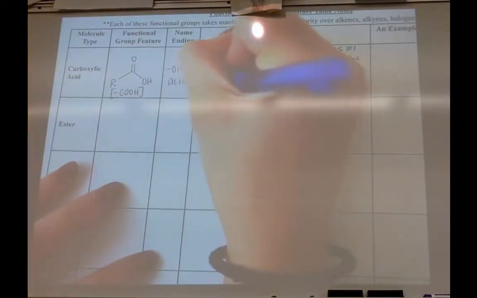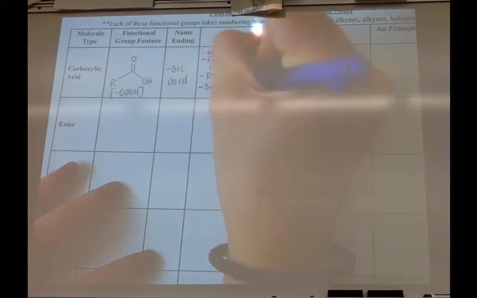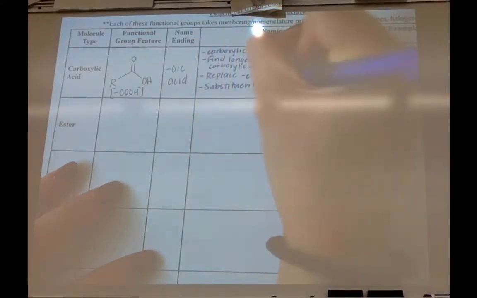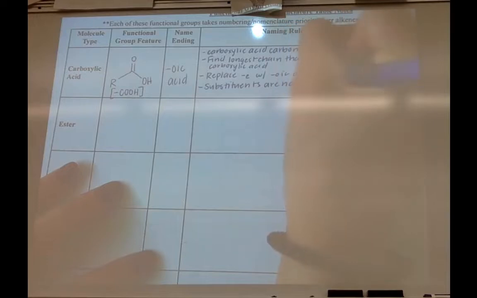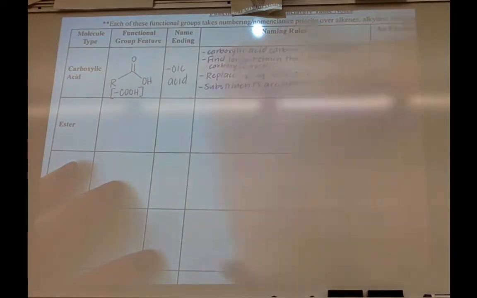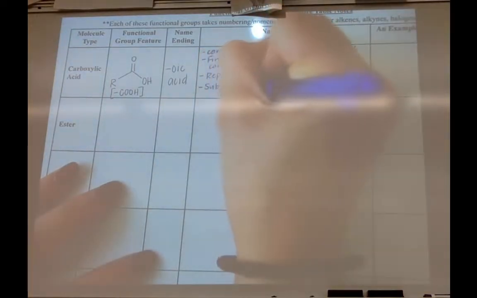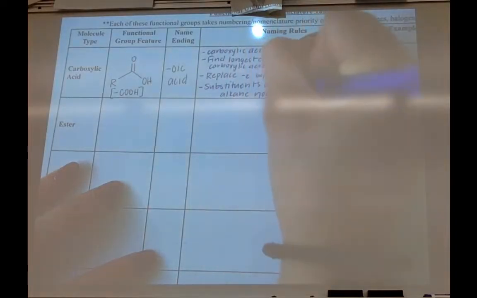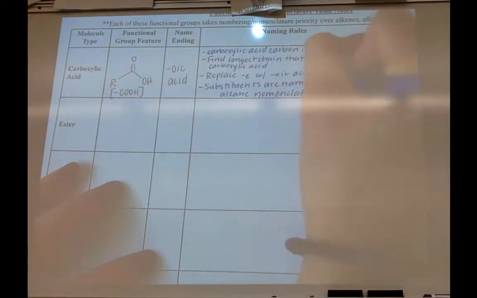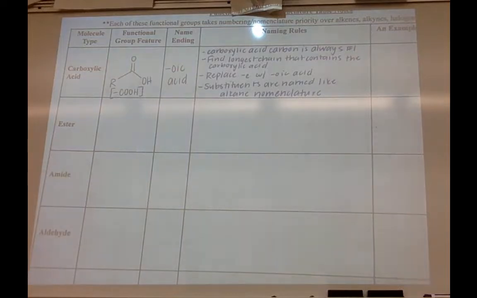And then any substituents are named like alkane nomenclature. So any substituents will be named just like alkane nomenclature. So you want to make sure your substituents are numbered correctly. You're alphabetizing them, not putting them in numeric order. It's all going to go back to the alkane nomenclature that we started with.